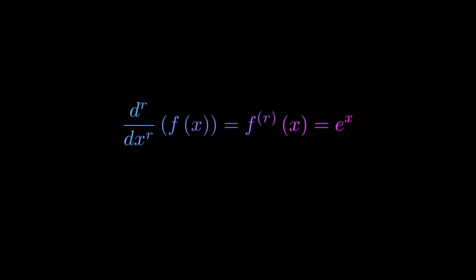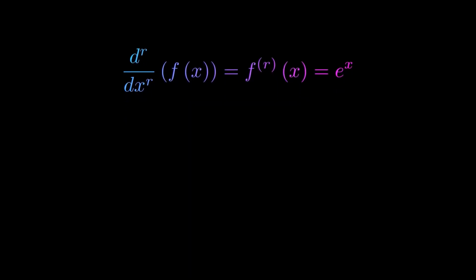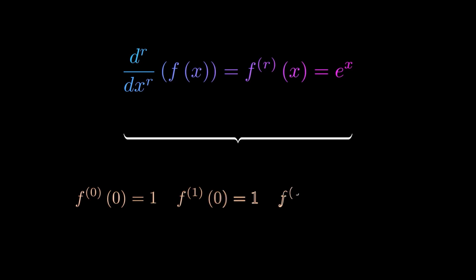Well, if that's the case, then we know for sure that any derivative evaluated at 0 will definitely be equal to 1, since e to the power of 0 is always 1. Now, let's reconsider that infinite power series I talked about.